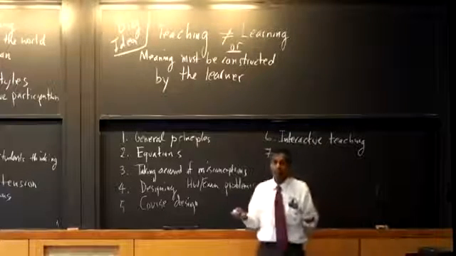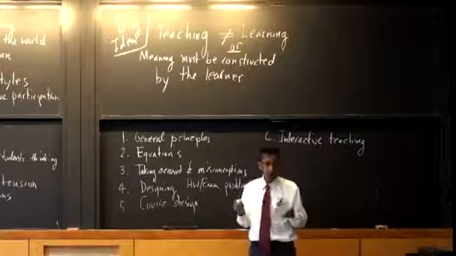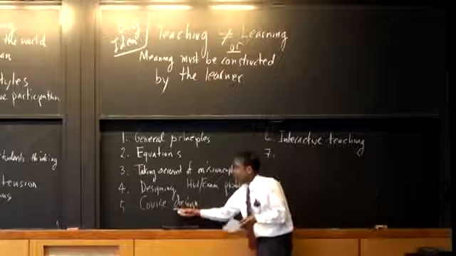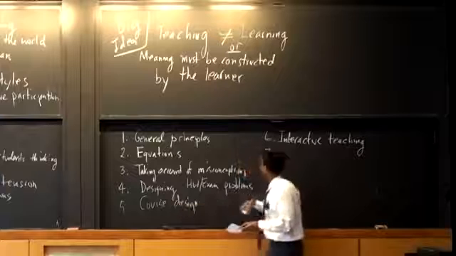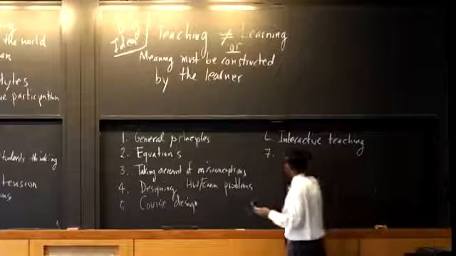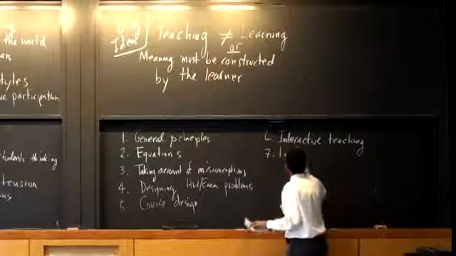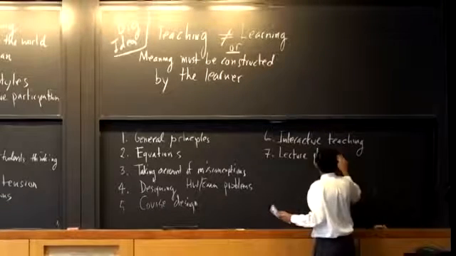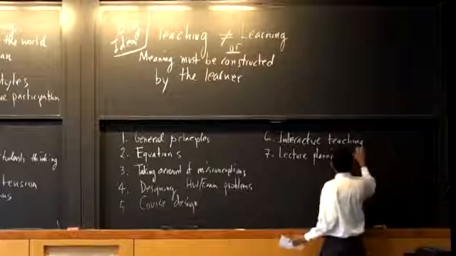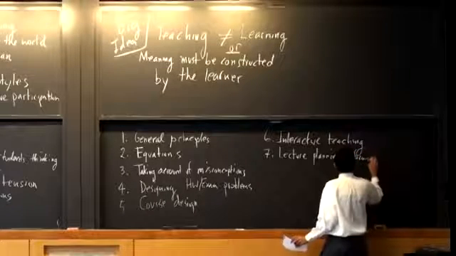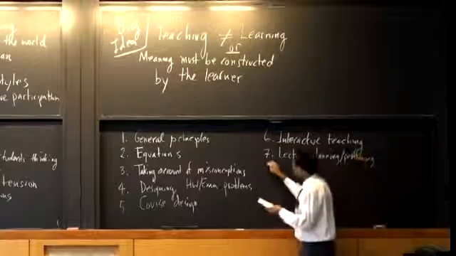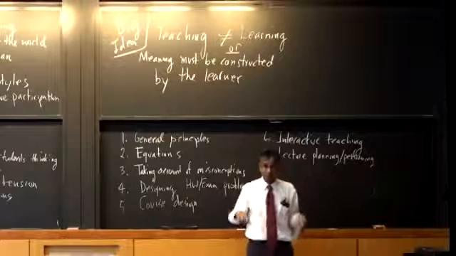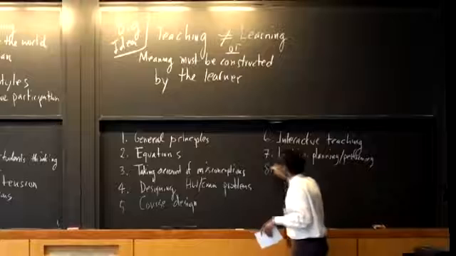Then, what do you actually do when you come into the classroom? Lecture, planning, and performing. How do you plan one lecture? So this is the overall structure of the whole course. How do you plan and perform one lecture? Topic 8 is teaching with blackboards and slides.